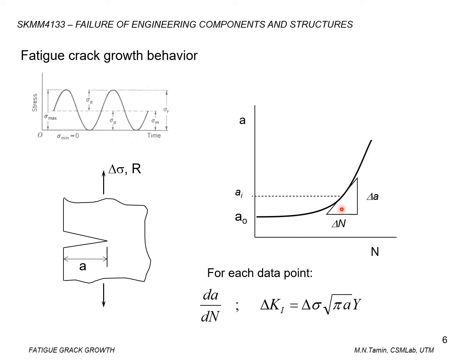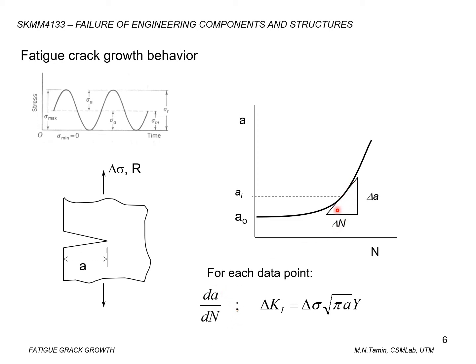If we take any point of the curve, we can determine the slope of this curve, which would give us delta a over delta N. And in the limit that this goes to one point, we can get da/dN.